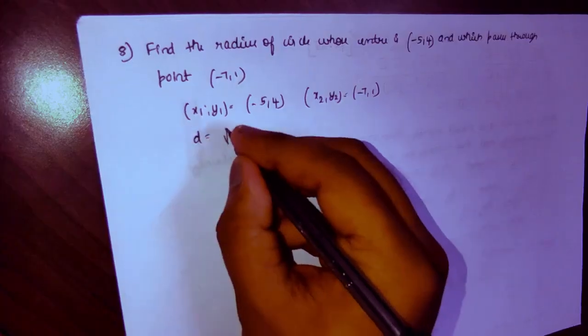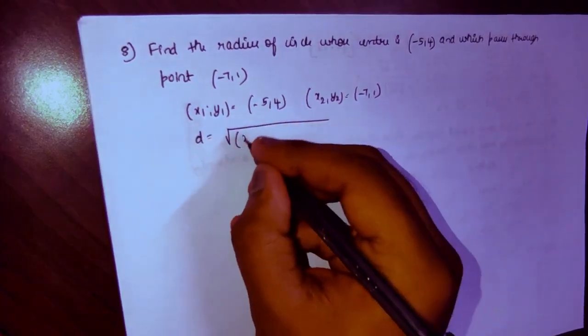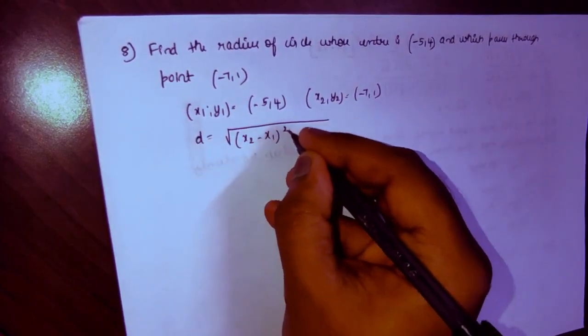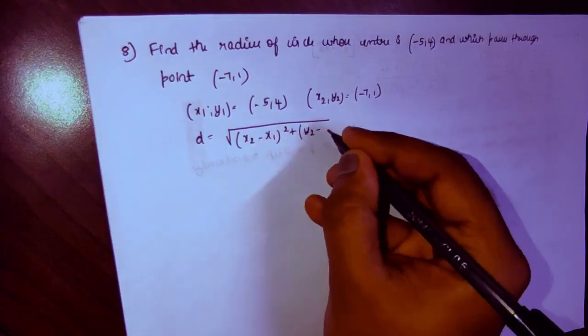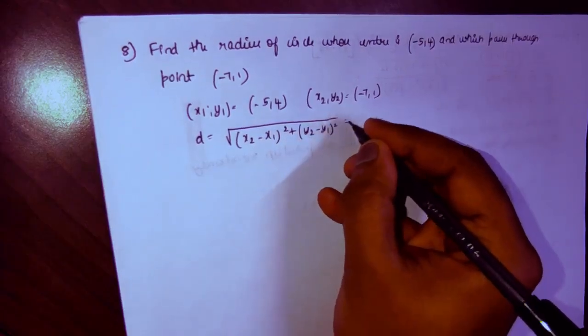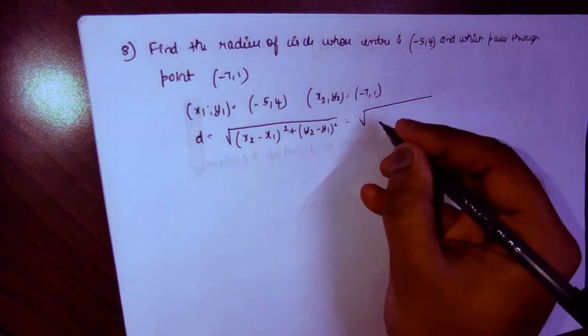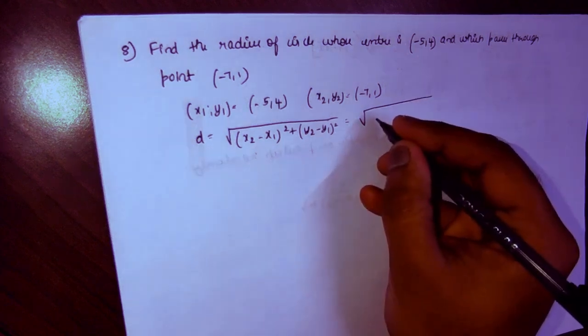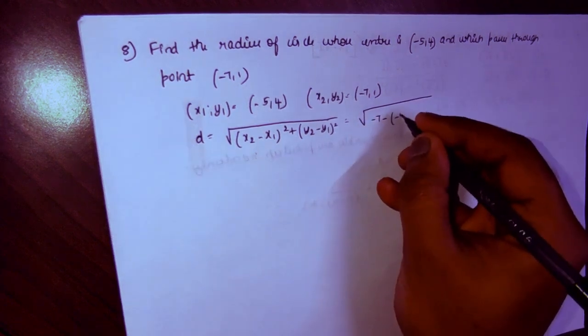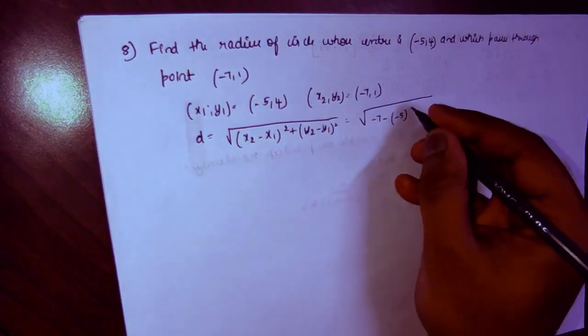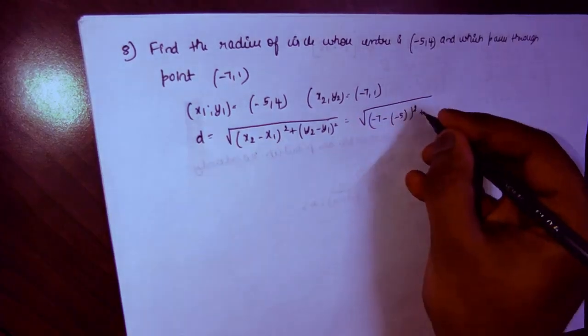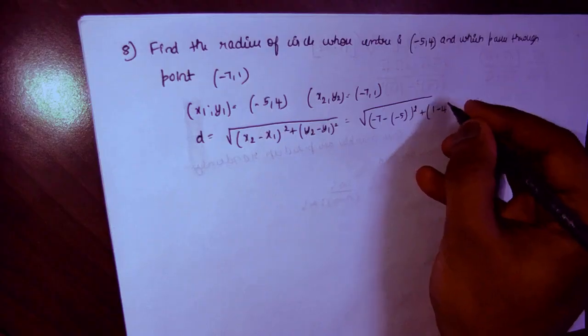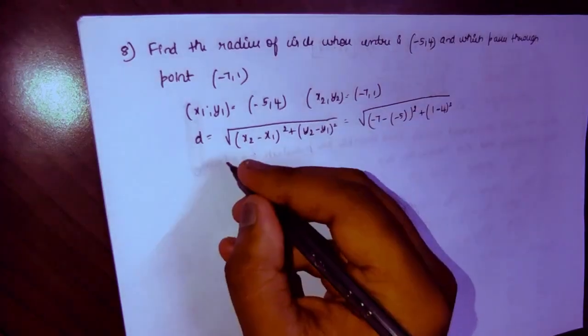By the distance formula, we know it is square root of (x2 minus x1) whole square plus (y2 minus y1) whole square. We substitute the values here. We will get (minus 7 minus of minus 5) whole square plus (1 minus 4) whole square.